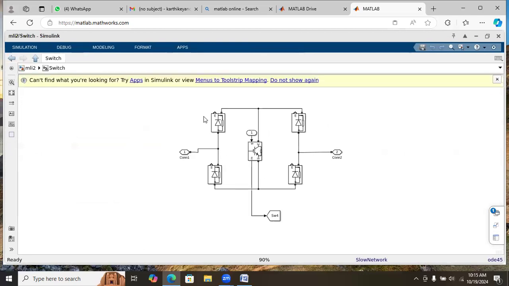Here if you see, this is the setup for back-to-back switches. Although the number of diodes is increased, we are reducing one switch, so that in hardware, while implementing it, the driver circuit parameters, that whole setup will be reduced.